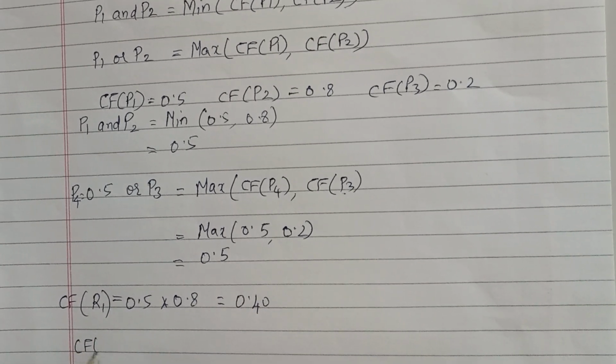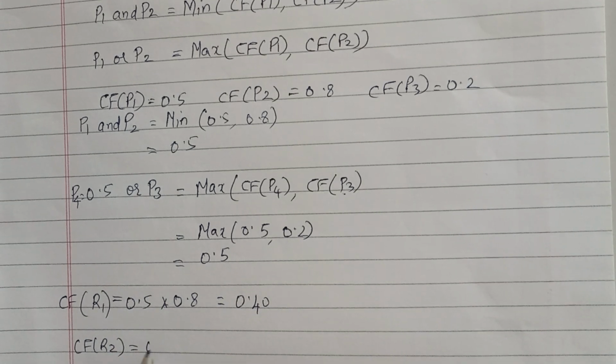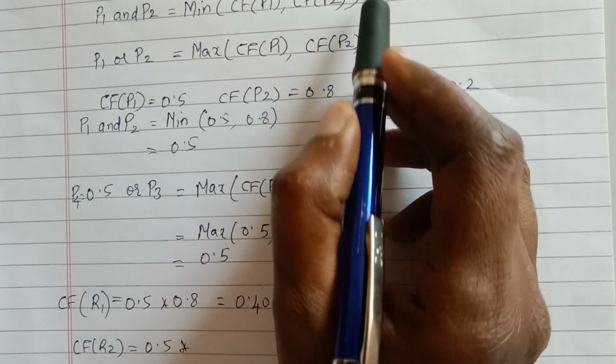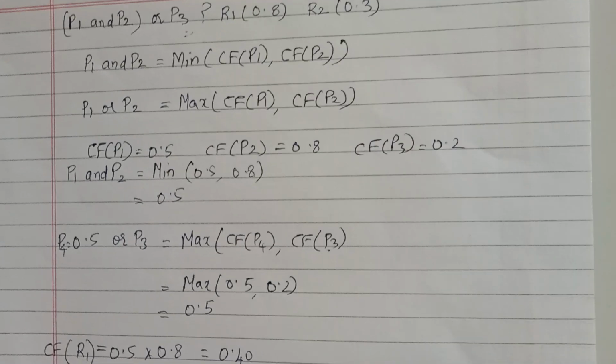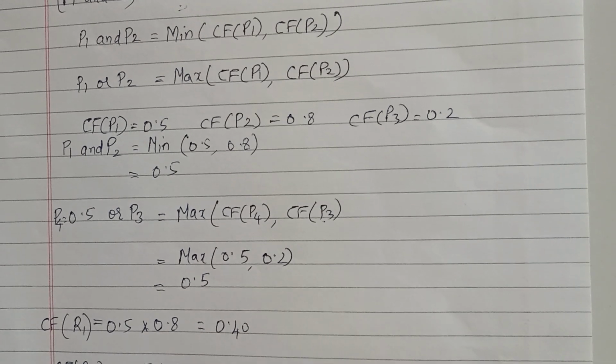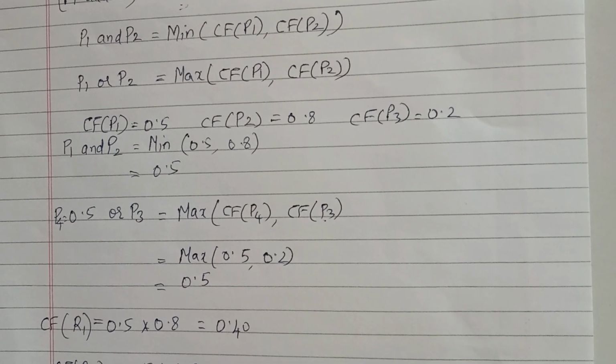Similarly, the conclusion factor for R2 is 0.5 into the R2 value, 0.3. So 0.5 into 0.3 is 0.15.